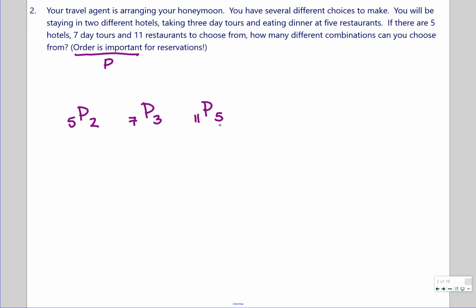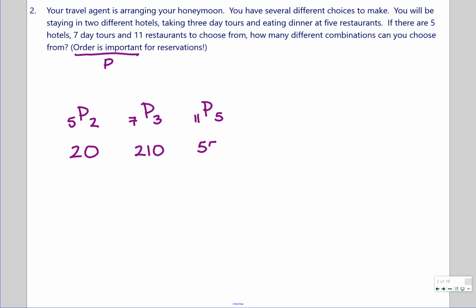All right, so let's see what each of those are. Remember, hit the number first, so hit the 5, then go into your probability menu to select it. Choose 2 is 20 choices for the hotel. Different ways we can do that. 7, choose 3 is 210, and then 11 choose 5.